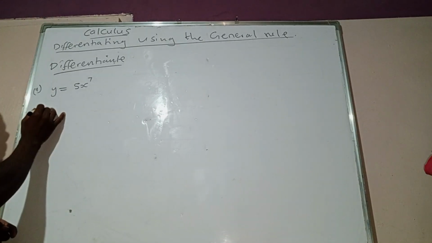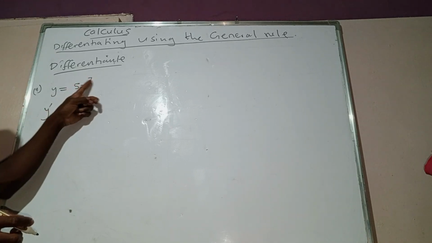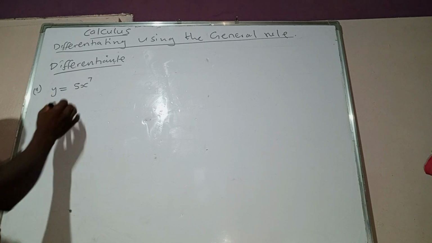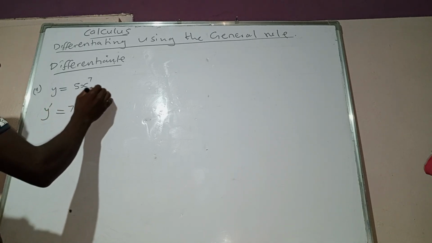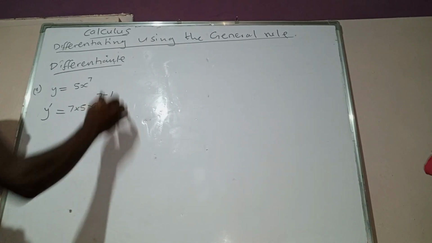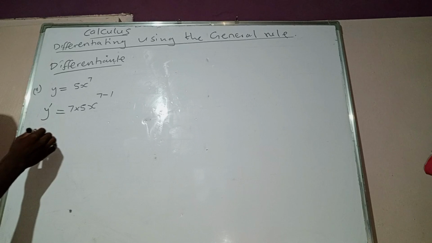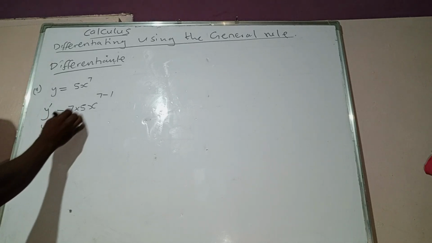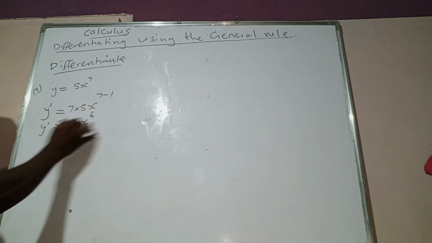To differentiate this, I'm going to say y prime is equal to, we said the power should multiply with what? The coefficient. So we're going to have 7 multiplied by 5, x to the power 7, and the power should subtract 1. So what is 7 times 5? y prime is equal to 35x to the power 6.